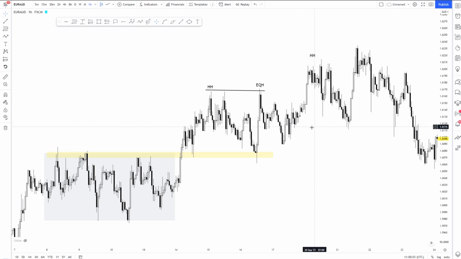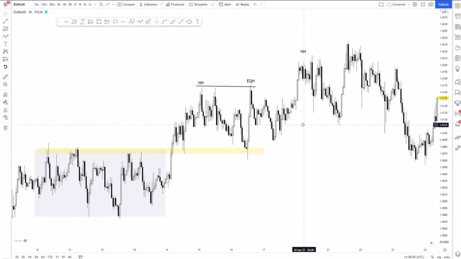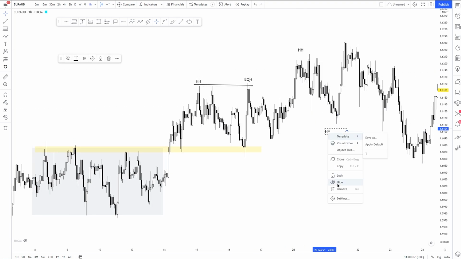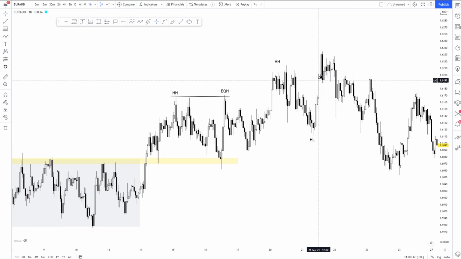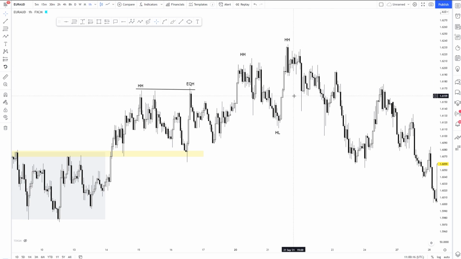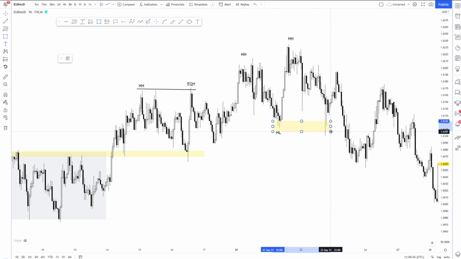This came back down and made another higher low. Market came back up, made a higher high, and so on and so forth. But here we can see that once the market created this higher high, it failed to make another higher low and higher high. What it did is make equal lows right here, but then the market, with this move, broke structure.